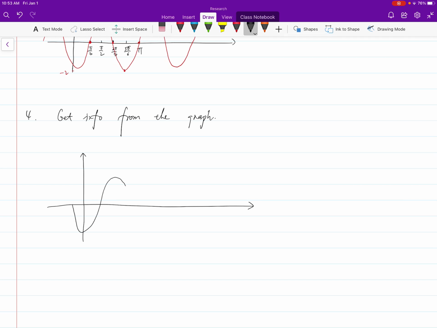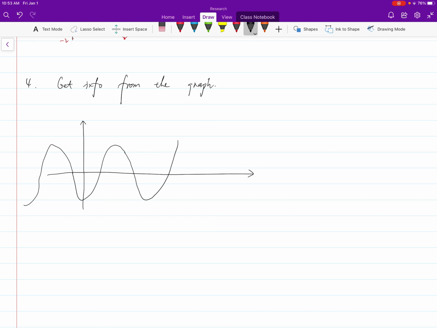Okay? So this is what I have. I have a sine wave. Moreover, I will tell you some points. This point is pi over 2, 1.5. This point is pi over 4, 0.